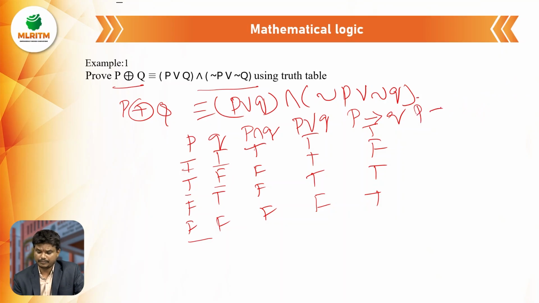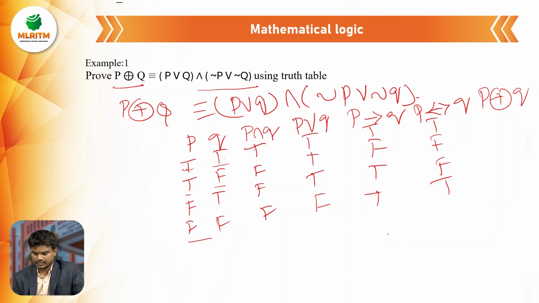Next one is P bi-implication Q. If both the cases are either true or false, it will be true. Remaining cases are false. Here true, false, false, true. And P exclusive or Q. If first case is true and second case is false, or first case is false and second case is true, it will be true.